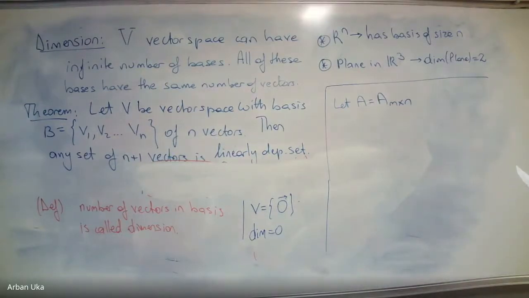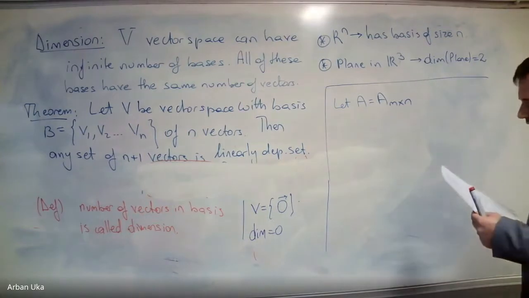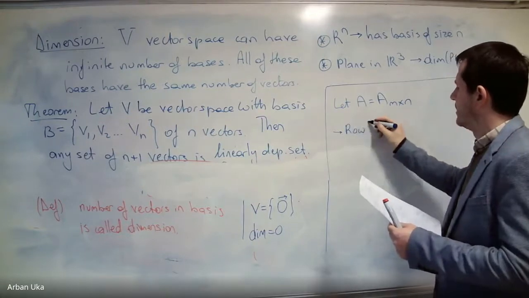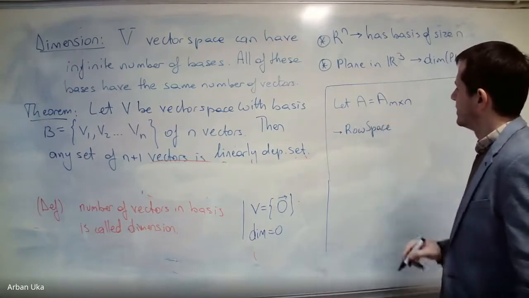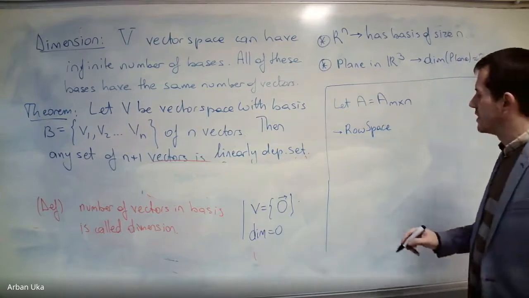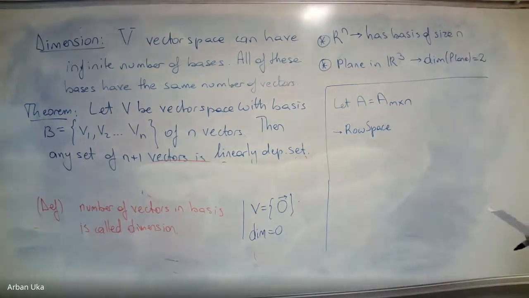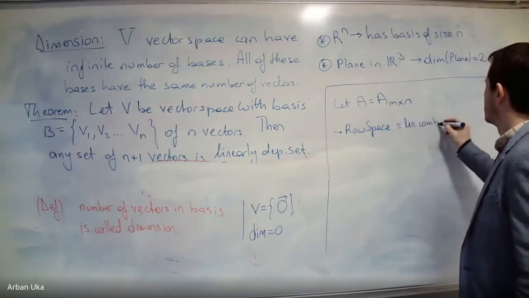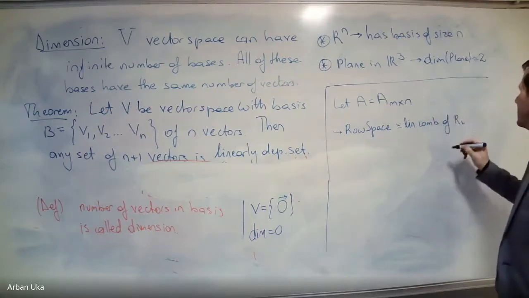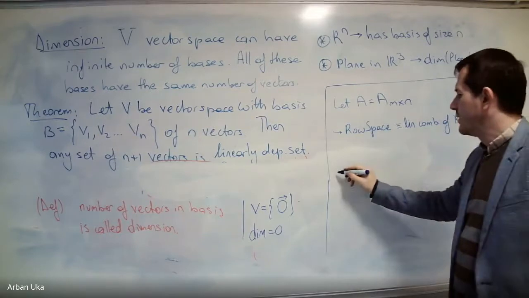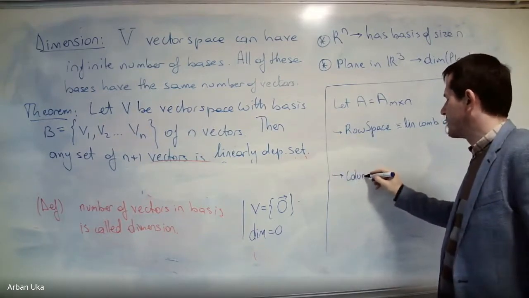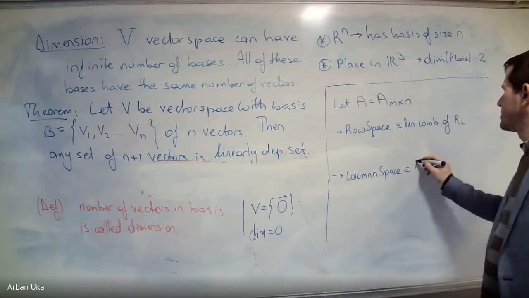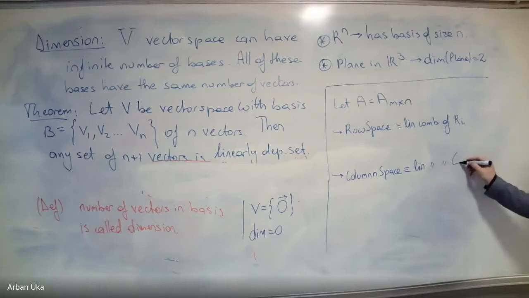Regarding this matrix, we can define a few spaces. We have the row space, which by definition is the set of linear combinations of the rows, linear combinations of Ri. We have also the column space, which is the set of linear combinations of Ci.